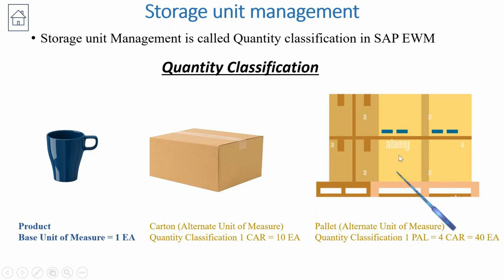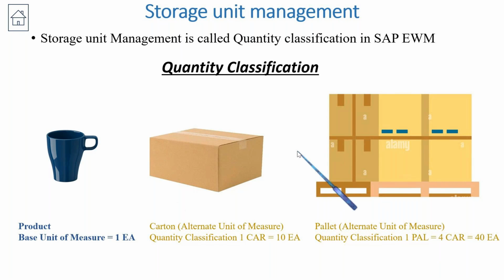Let us assume that on this pallet we can only place four boxes like this, and each carton box has 10 products. That's why one pallet of these cups means always 40 eaches of the products. That is alternate unit of measure or quantity classification.